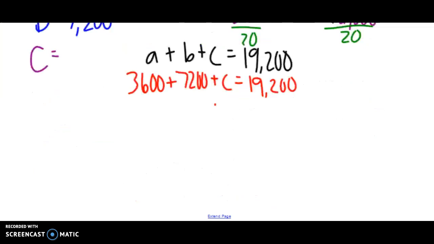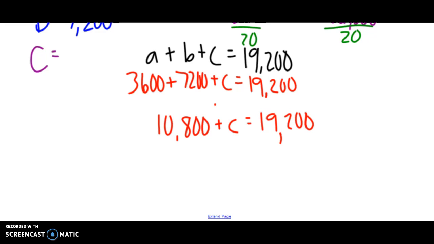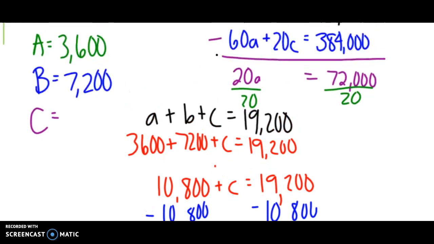3,600 plus 7,200 is going to be 10,800 plus C is equal to 19,200. Subtract 10,800 from both sides. And I find that C is going to equal 8,400.